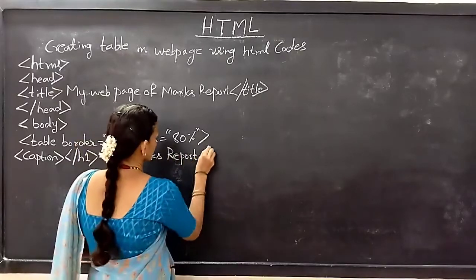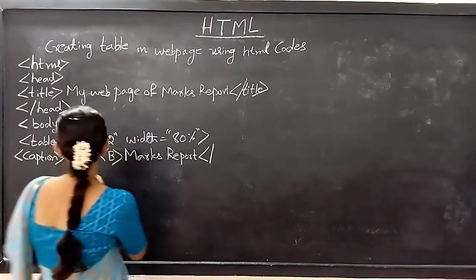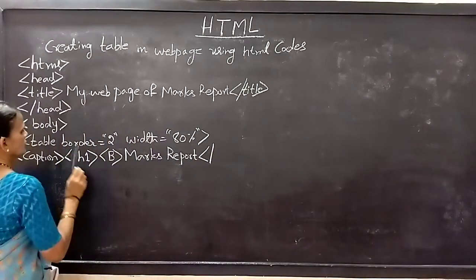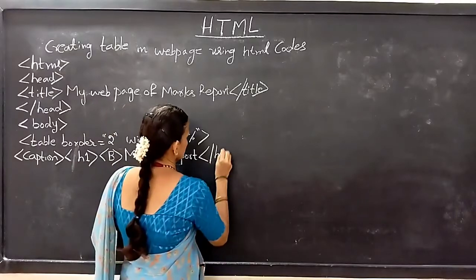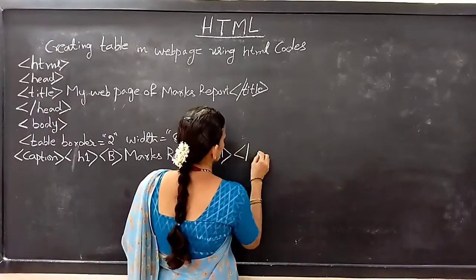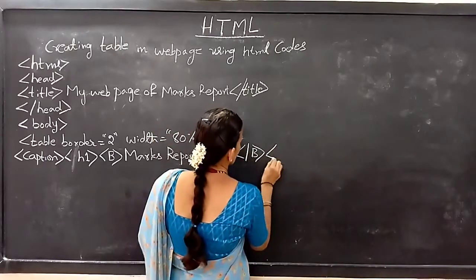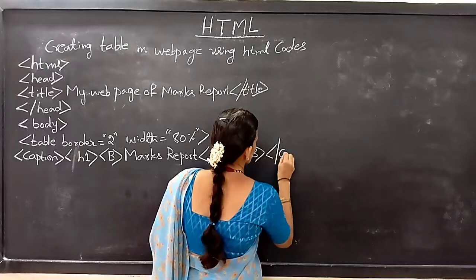Then we can close it with the slash H1. Here we have to close H1. Next, write slash B, close bold. Then we can give slash caption.